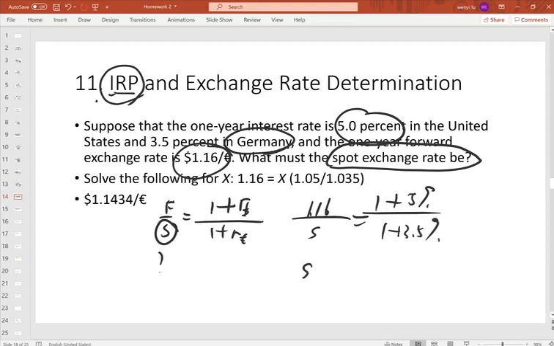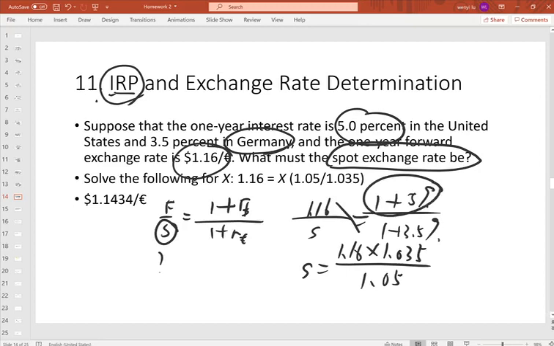So the spot rate equals 1.16 times 1.035 over 1.05. That's equal to $1.1434 per euro. That's our spot rate in this calculation.